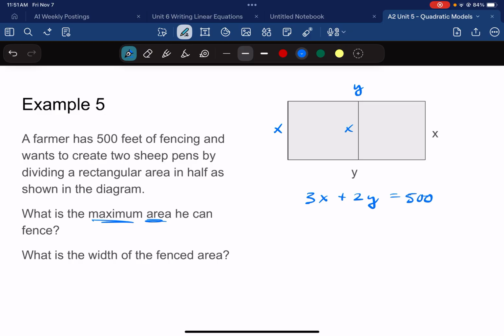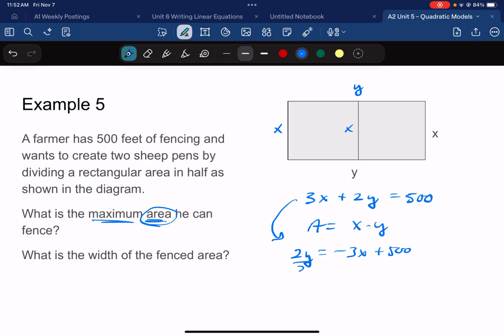Now the area formula for that fenced-in area, because we want to maximize the area, is just x times y. That's how you get the area of a rectangle. Just take the length times the width, and those are x and y in this case. So I'm going to solve this first equation for y. So I'm going to keep 2y on this left side, and I'm going to move the 3x to the other side.